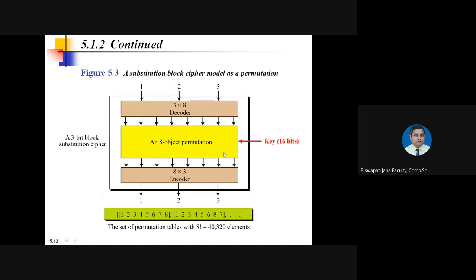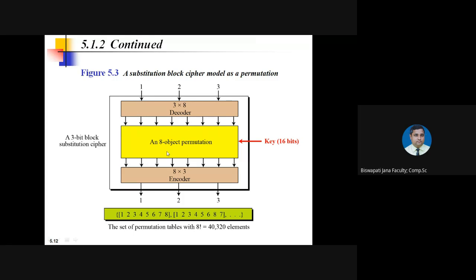But if you consider the substitution block cipher as a permutation model, suppose you have a 3-bit key. Now you use the 3-to-8 decoder. Then for the 3 bits, the decoder gives 8 possibilities.